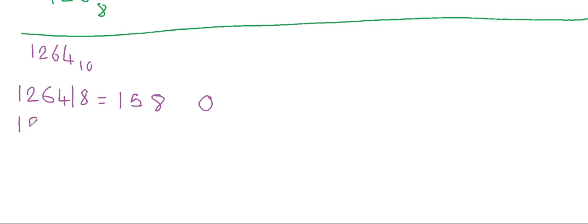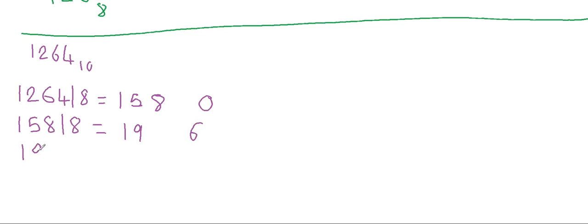Now 158, when you divide by 8, so 8 times 1 is 8, remainder is 7. So 8 times 9 is 72, and the remainder is 6.